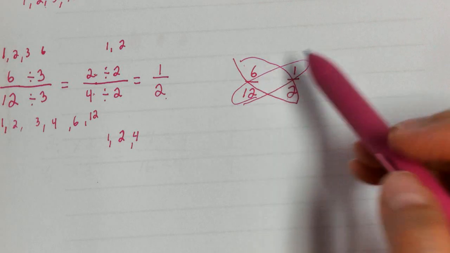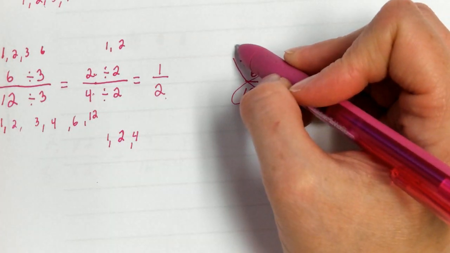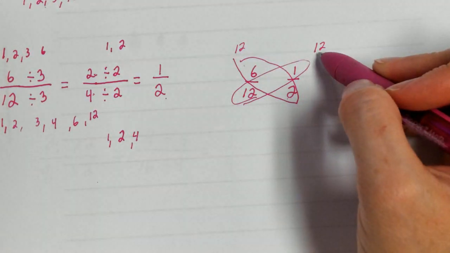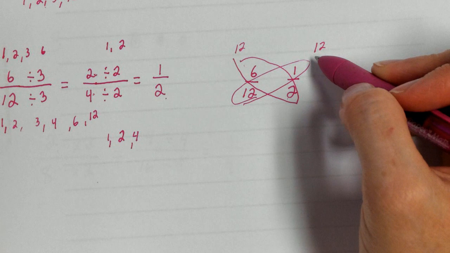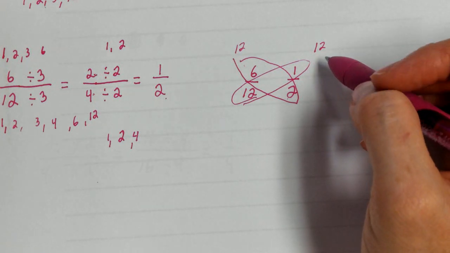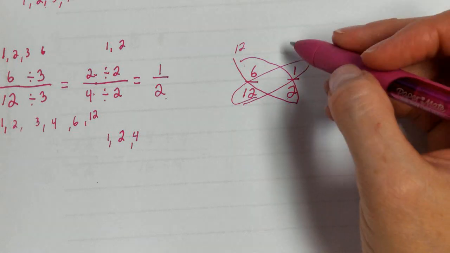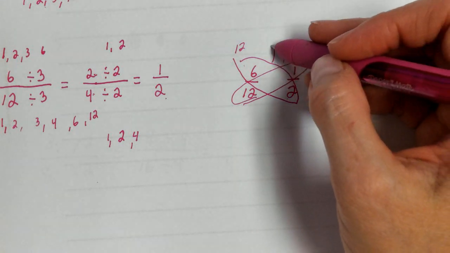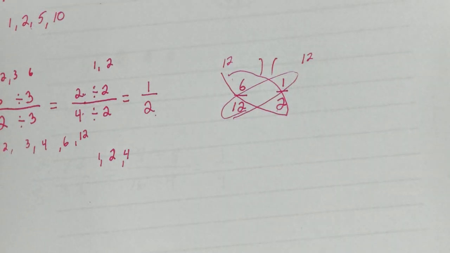So 2 times 6 is 12, and 12 times 1 is 12. If I get the same number, then they are equivalent. I call it butterfly. It looks like a butterfly. You can call it a butterfly. You can call it cross multiply, as long as you know what to do, and as long as you recognize that if you're asked about it, that's what you're doing.